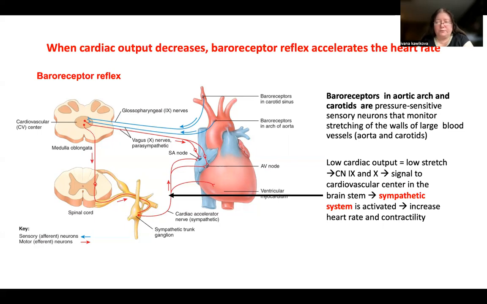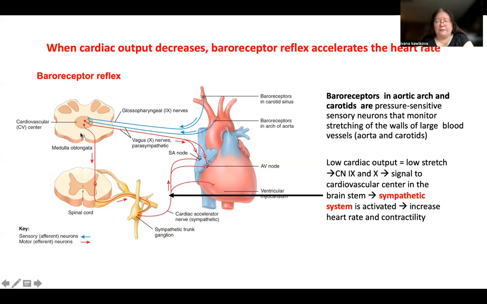The baroreceptors are stretch receptors, and when there is a low output from the heart, these receptors will be understretched, and the signal will travel through cranial nerve 10 from the aortic arch and cranial nerve 9 from the carotid bodies to the medulla oblongata, where we have regulation of vital organs.